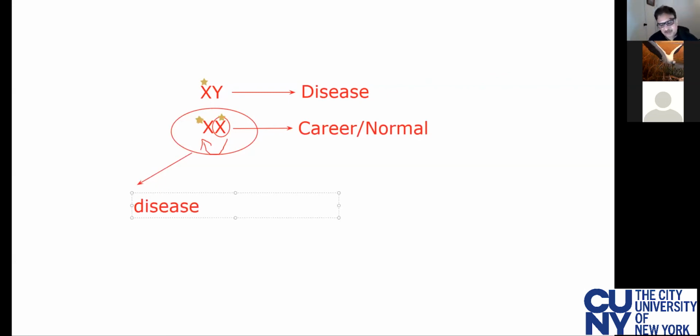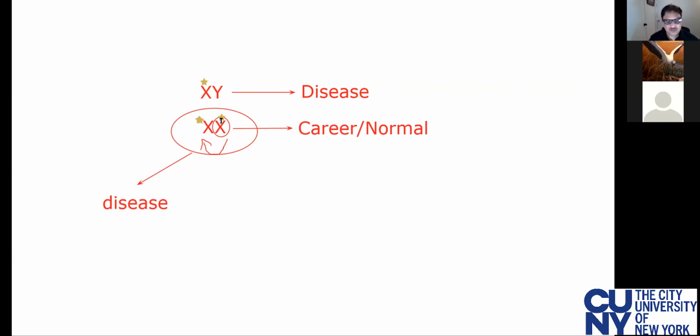That could be color blindness or any other disease also, hemophilia or sickle cell anemia or cystic fibrosis. So there are many sex-linked diseases. Females have an advantage because of an extra X chromosome. If it is normal, the female could be only a carrier.